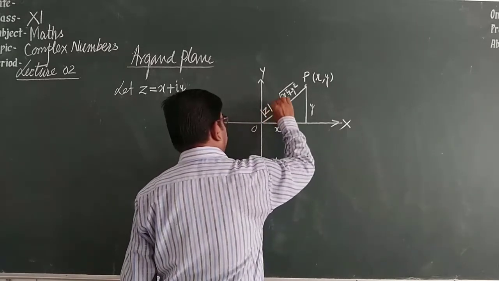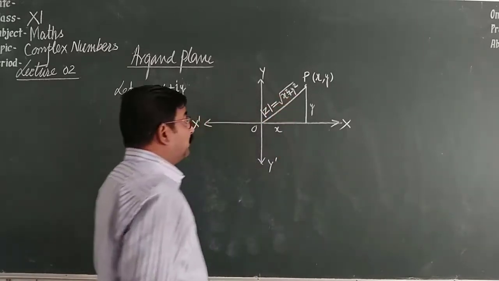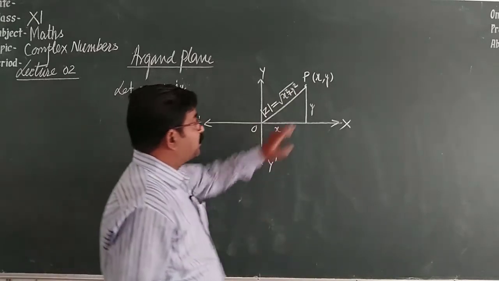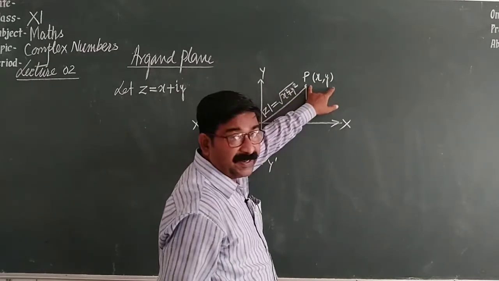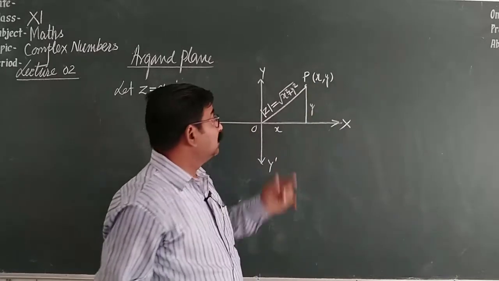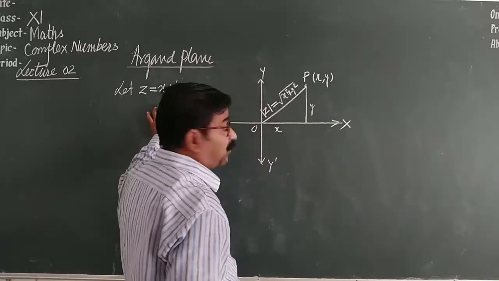Modulus of z means the number represented by the point (x, y), that is x plus iy.